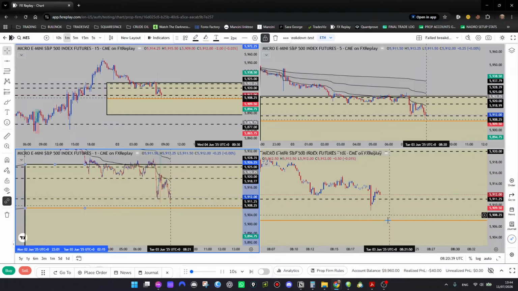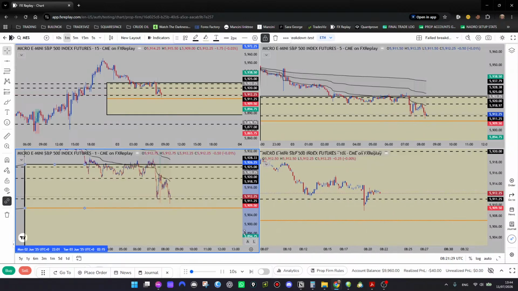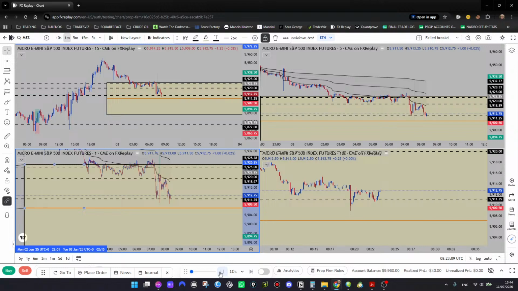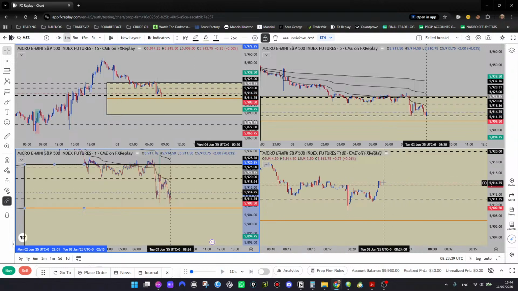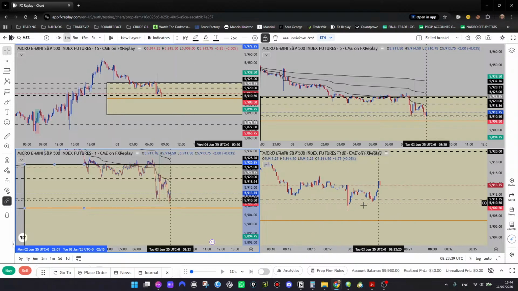There is a high chance we actually test these levels very precisely. But not necessarily.